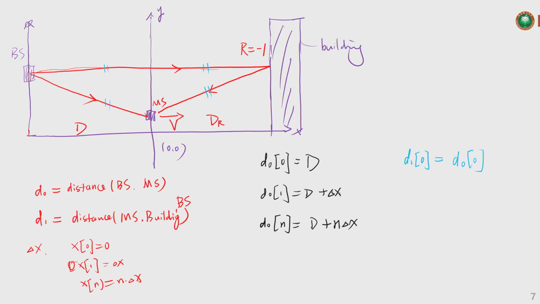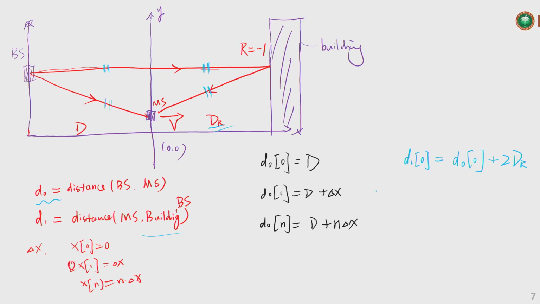This part is roughly D0, and this part plus this part roughly equals dr, so it is D0 plus 2 times dr. Am I clear?